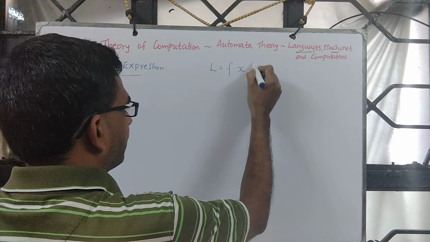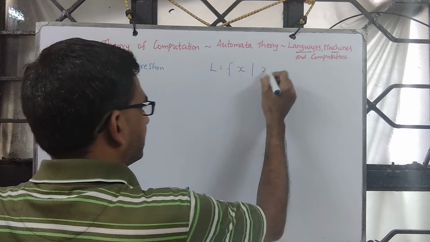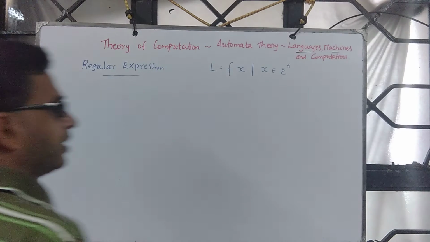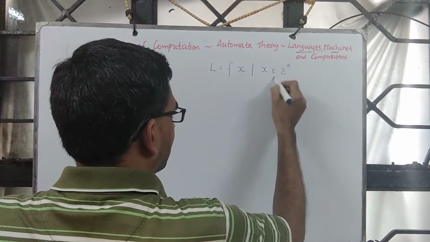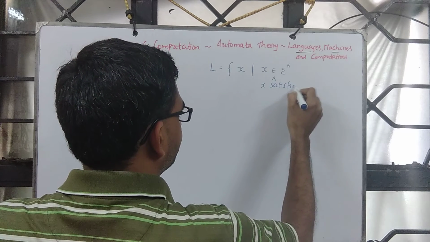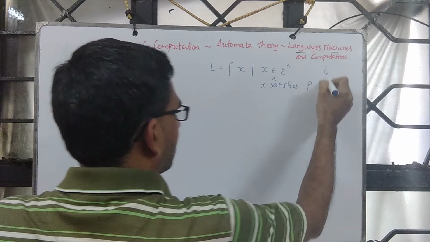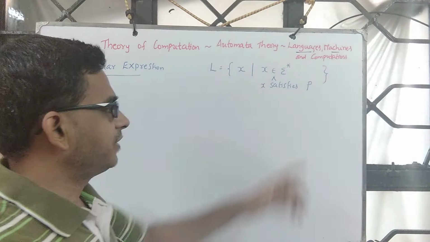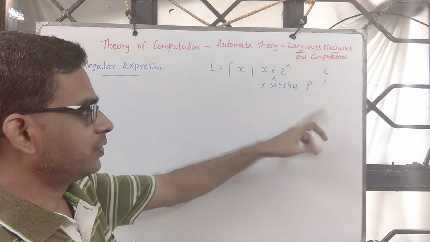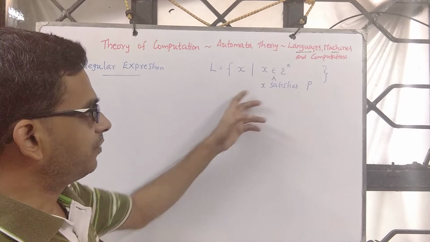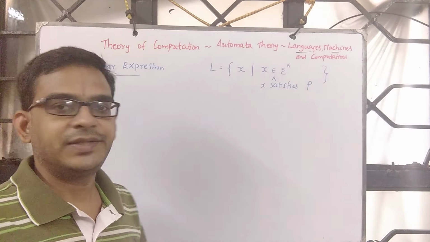We say set of all x, and x is over an alphabet, and x satisfies some property p. So this property p could be a pattern like beginning with 1, ending with 0, 0, or contains 0, 1, 1, or equal number of zeros and ones, and things like that.